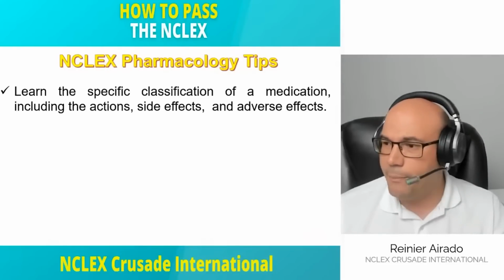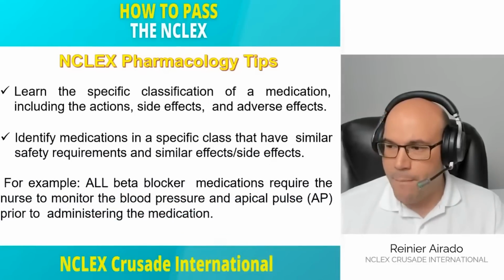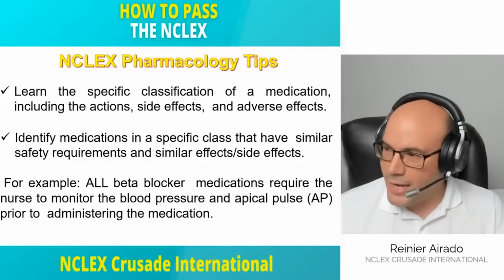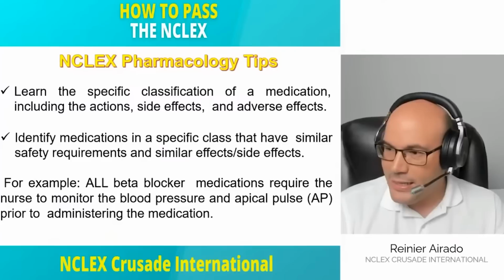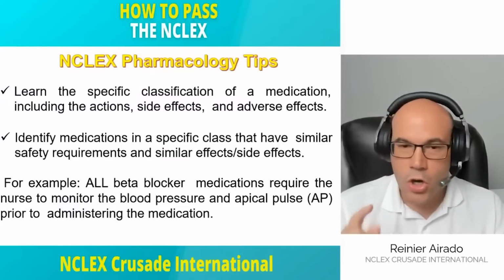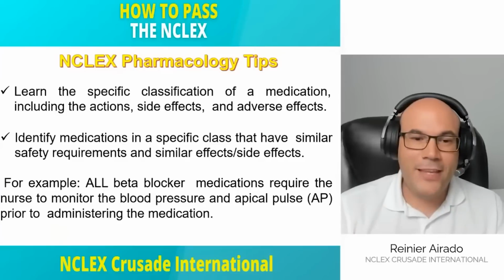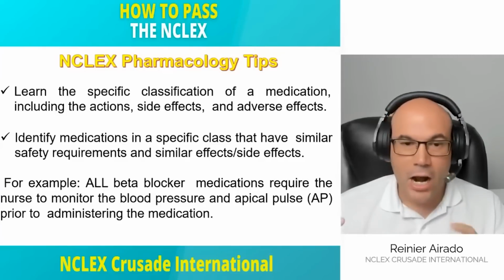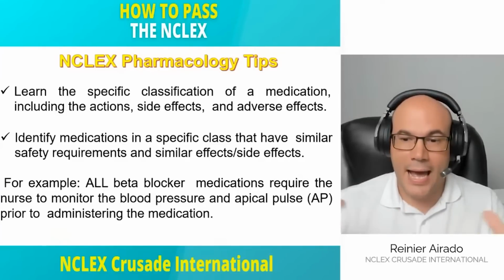Let's use, for example, a beta blocker, okay? You need to identify medications and the specific class that this medication represents. And also, you have to learn safety requirements that are related to that category.